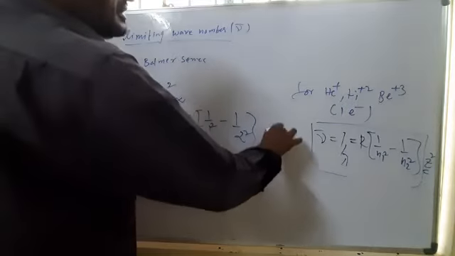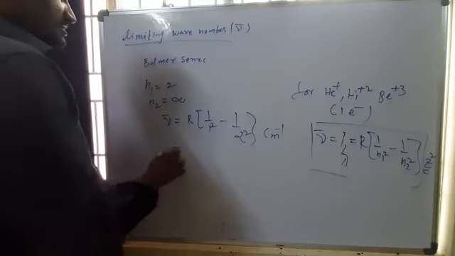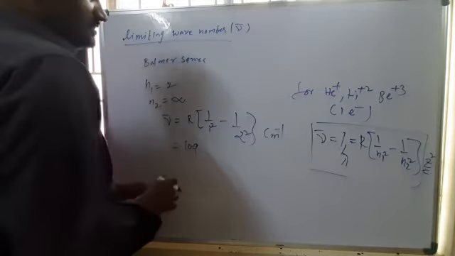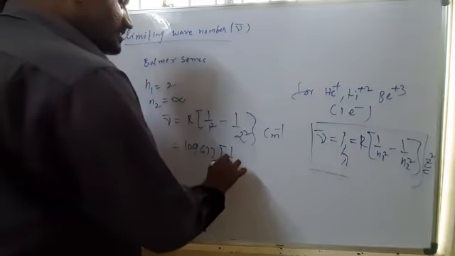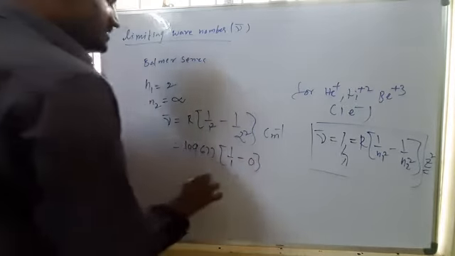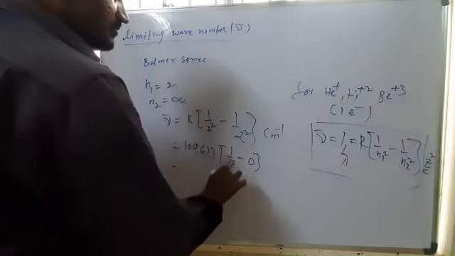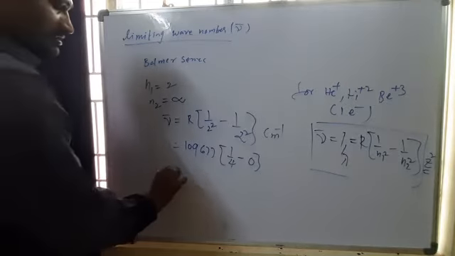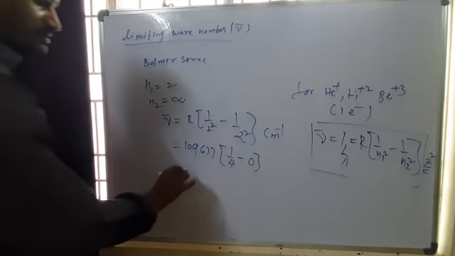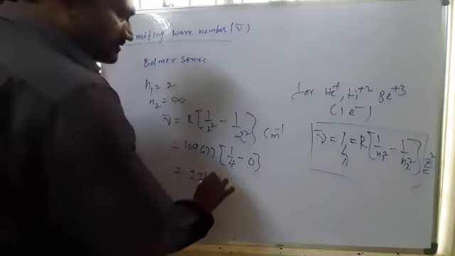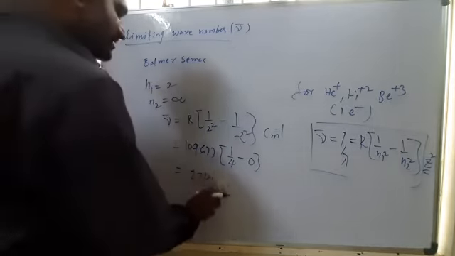The R value in centimeter inverse, if you take, R equal to 109677 centimeter inverse. If you simplify 1 by 2 square, that is 1 by 4, minus 0. Here this value, if you simplify, you will get 27419 centimeter inverse.